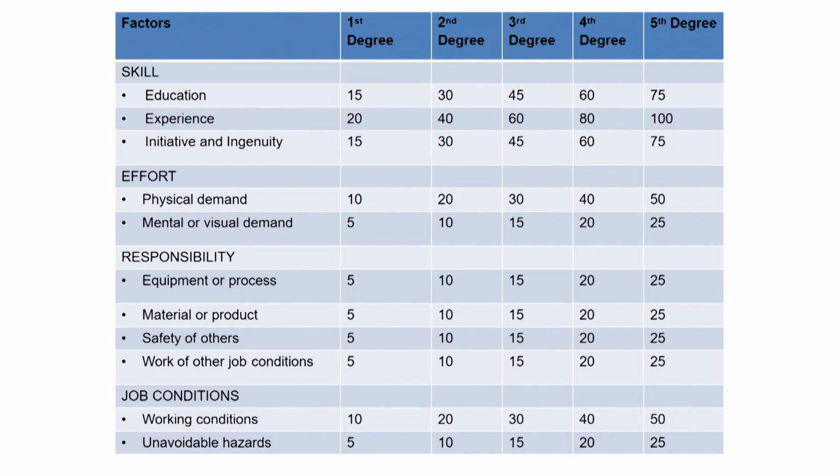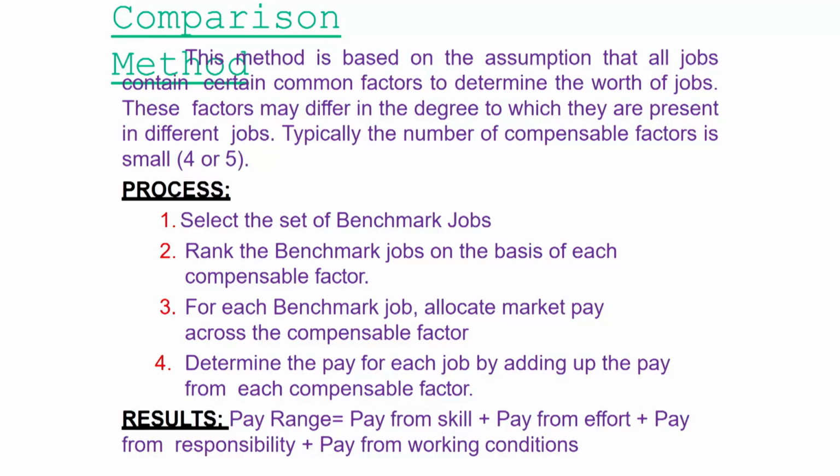These are the compensable factors that I have been talking about again and again, for example skill, knowledge, experience, effort, mental, responsibility, safety, working condition, hazardous condition. Here the points have been allotted and the degrees have been set. So we know which jobs will be of the highest degree, and then the decision can be taken. So that was all related to the point factor method.